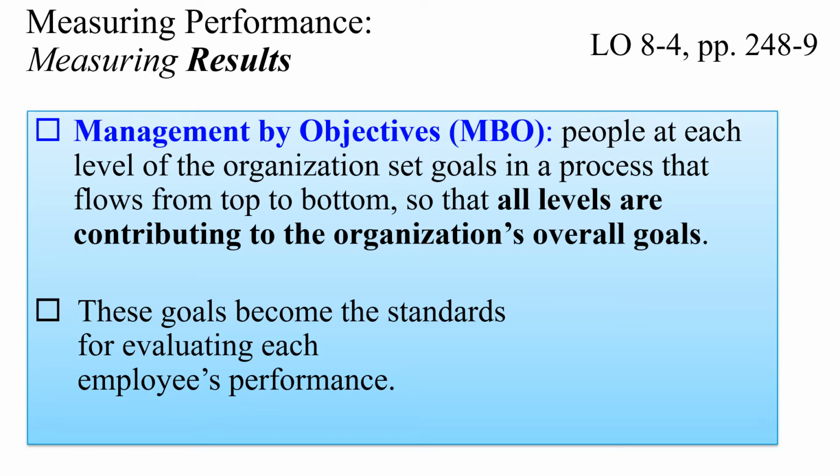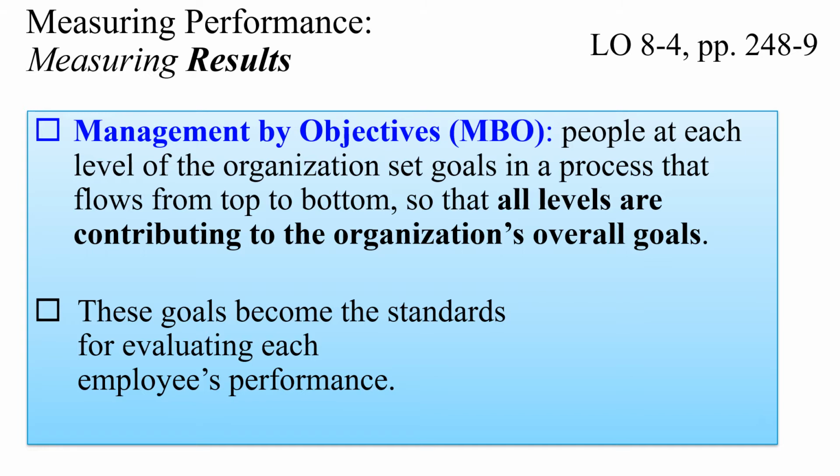A management practice for evaluation based upon results is management by objectives. People at each level of the organization set goals in a process that flows from top to bottom so that all levels are contributing aligned to the organization's overall goals. These goals become the standards for evaluating each employee's performance.